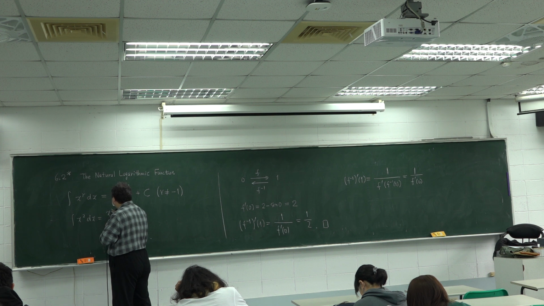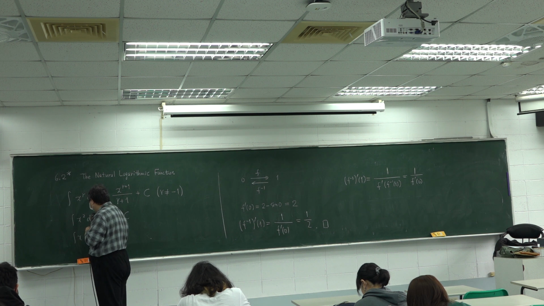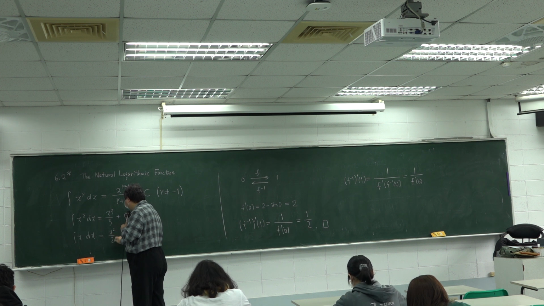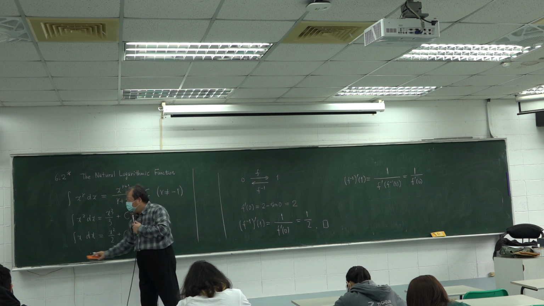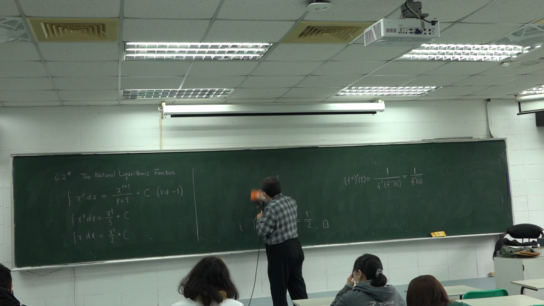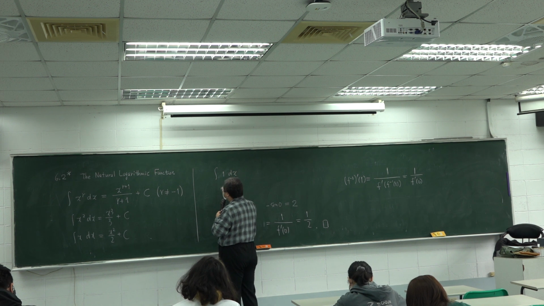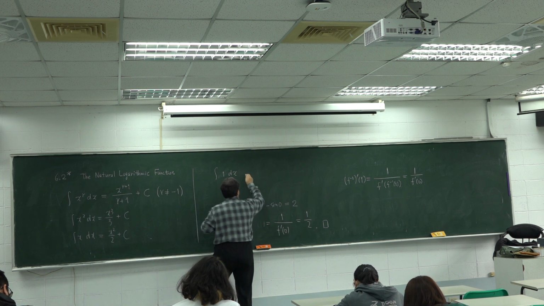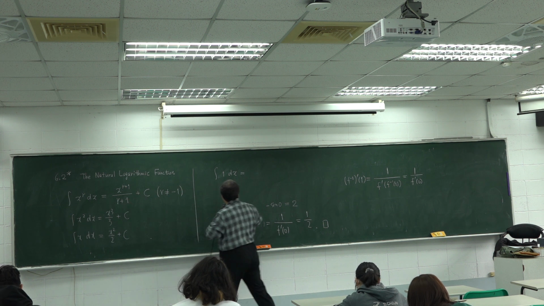This will be x cubed over 3 plus c. You can integrate this one. The result is x squared over 2 plus c. You can also integrate the constant function. Regard r as 0. Then 0 plus 1, 0 plus 1.